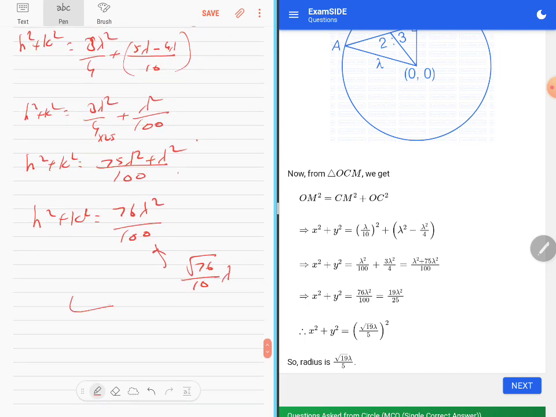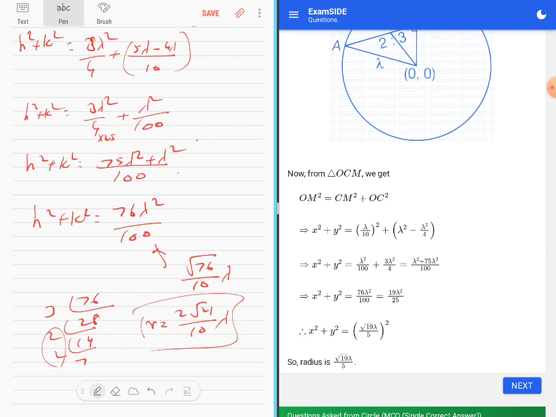76, 3 to 6, 8 to 16, 2, 14, 2, 7. So can I write 2 root 21 by 10 lambda will be the radius. 76 lambda square by 100, they have just factorized this.